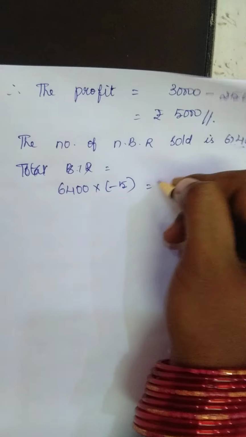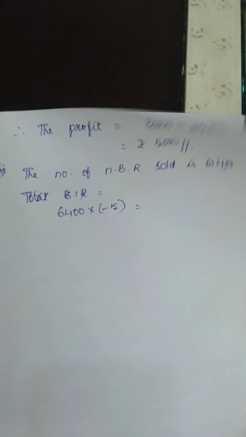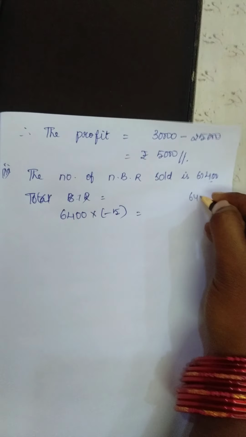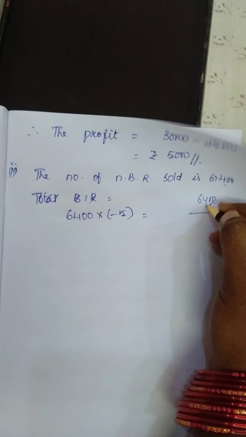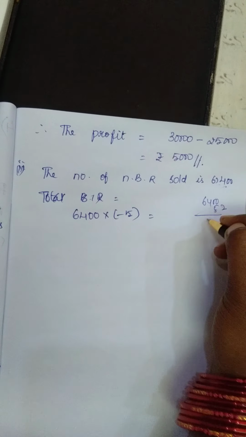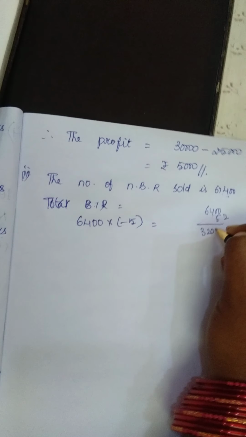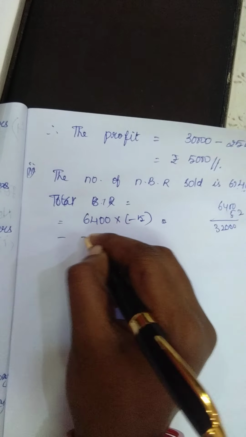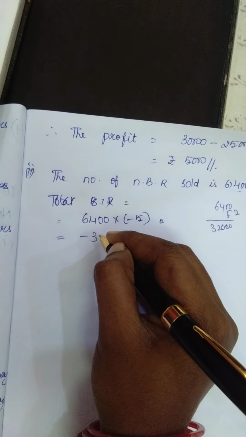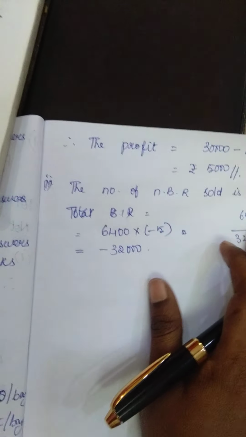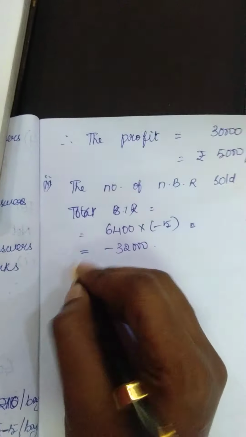Okay, so total how much? Do multiplication. 6,400 into 5. 5 4s are 20, 5 6s are 30. So total 32,000. Minus 32,000.